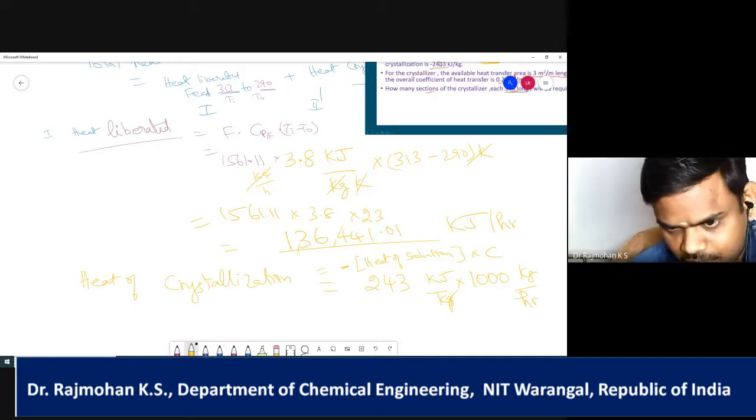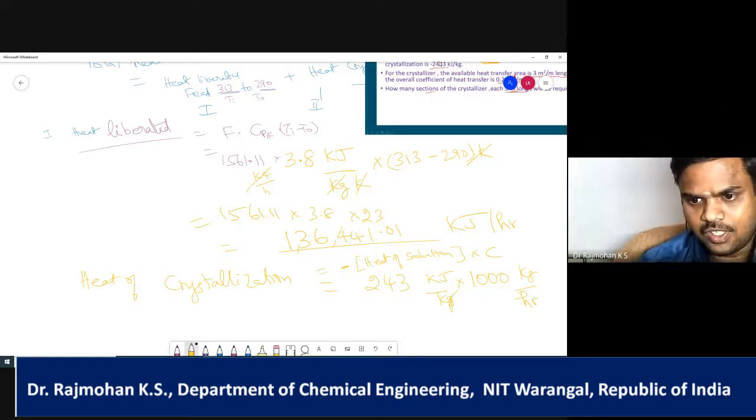Heat of crystallization is equal to minus of the heat of solution into C. The heat of solution is given as minus 243, so minus into minus, we get plus 243 into 1000 kg per hour. That way, 243,000 kilojoules per hour.